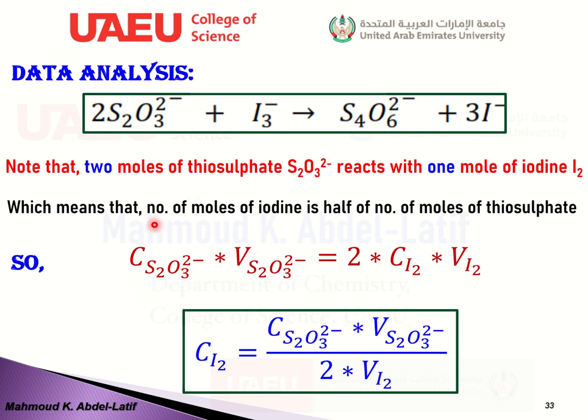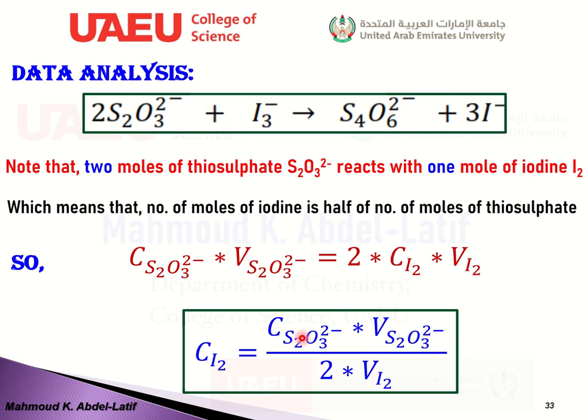This equation is exactly C1V1 equals C2V2. The concentration of thiosulfate, the volume taken from the burette of thiosulfate, equals its coefficient, which shows in the balanced equation, and C is the concentration of iodine we are going to determine, and this is the volume taken from both layers, organic layer and aqueous layer.